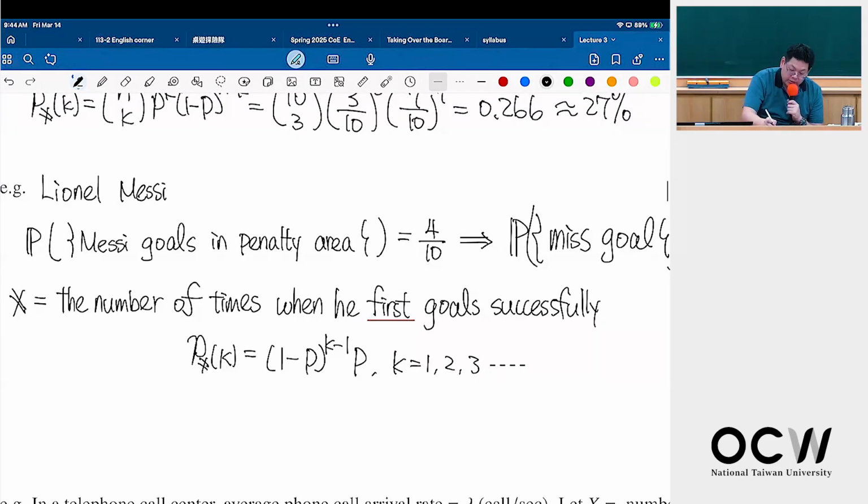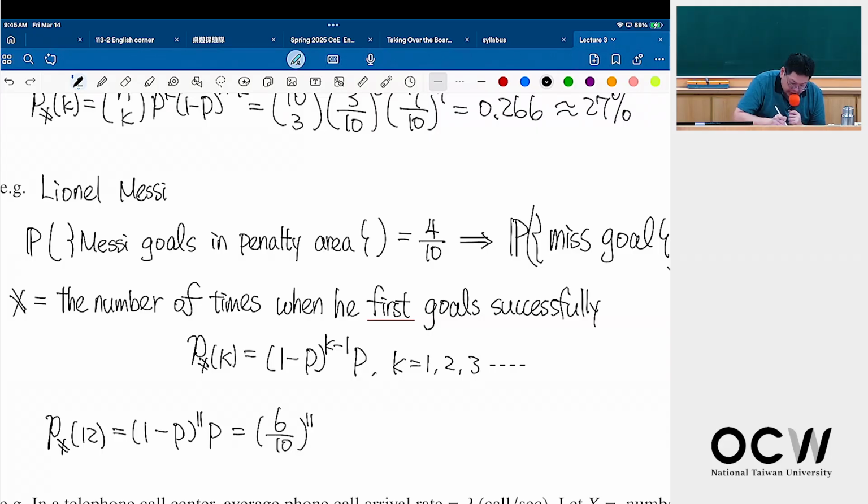So suppose I want to find k equals 12 of x. 12 means the first 11 times he missed the goal in the penalty area. And then in the 12th time he scores, so the first 11 times that'll be 1 minus p to the 11. The last one is p.